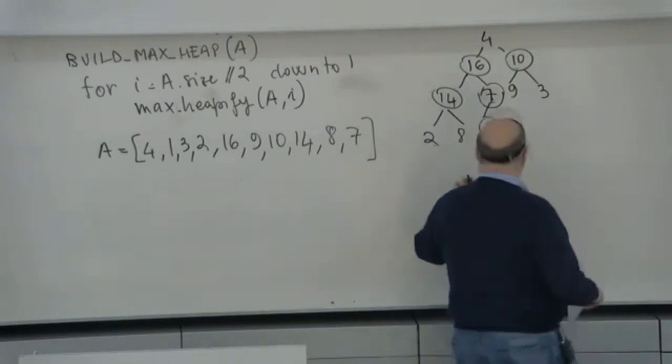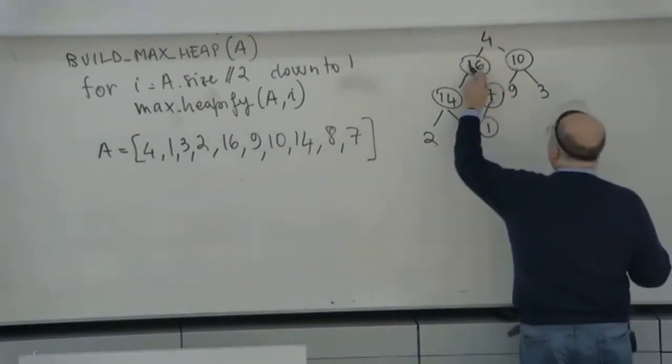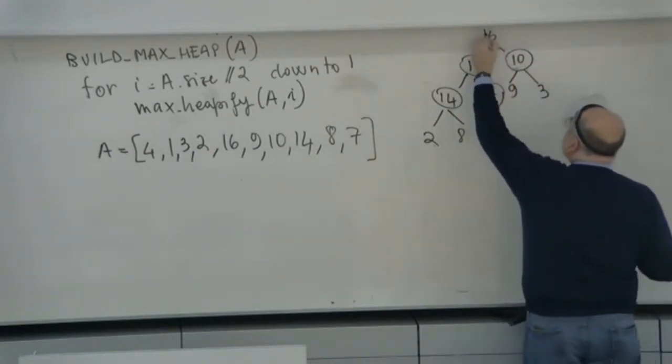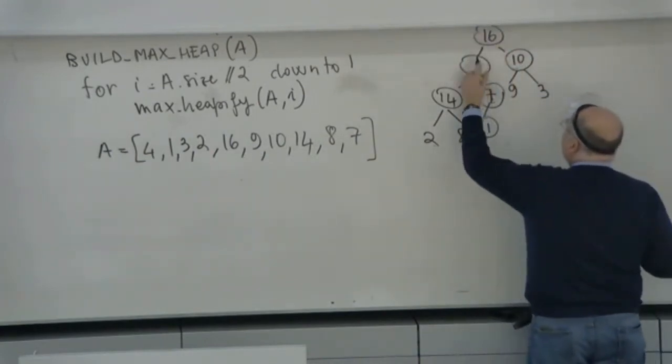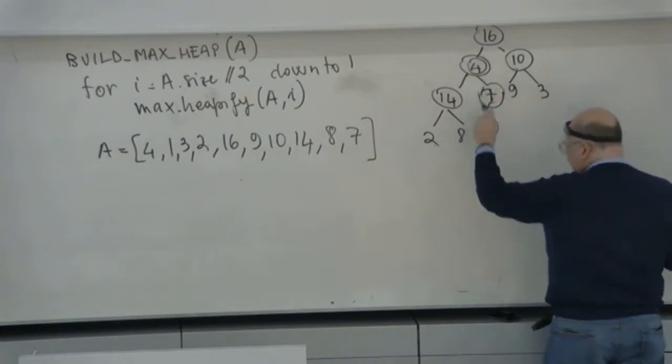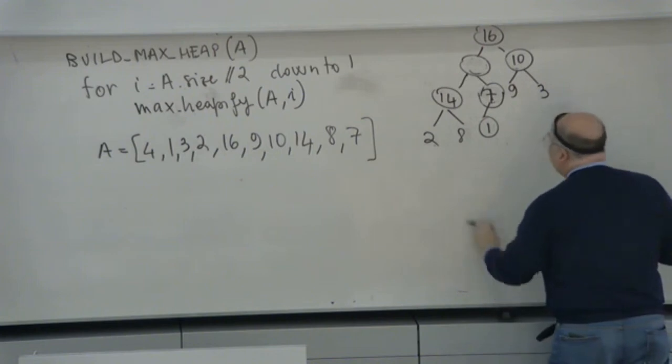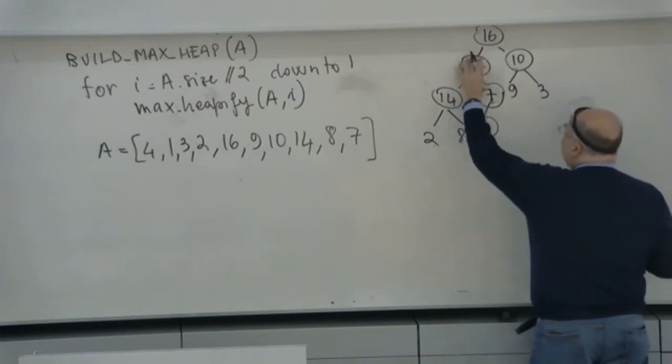Ah, okay. And then you have to swap 4 and 16, which are not in the right place. So again, you put a 16 here. But when you swap it with the 4, unfortunately, you have to go back again. And so you swap the 4 here.